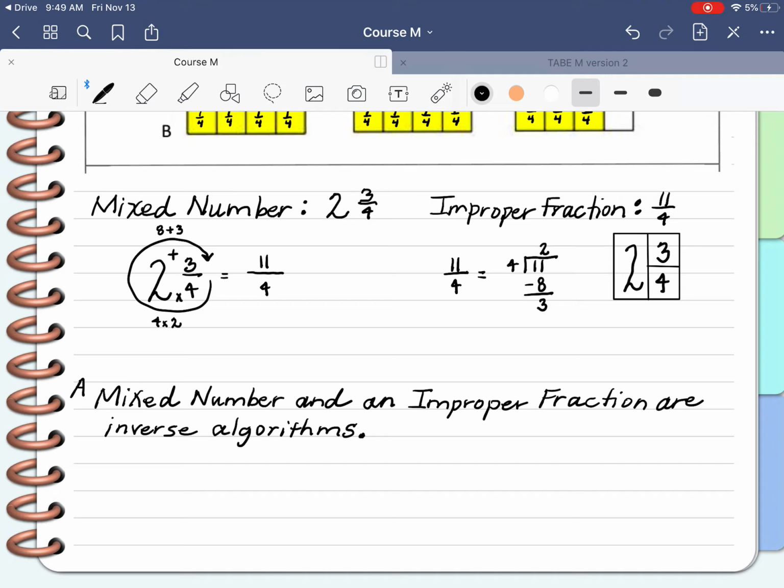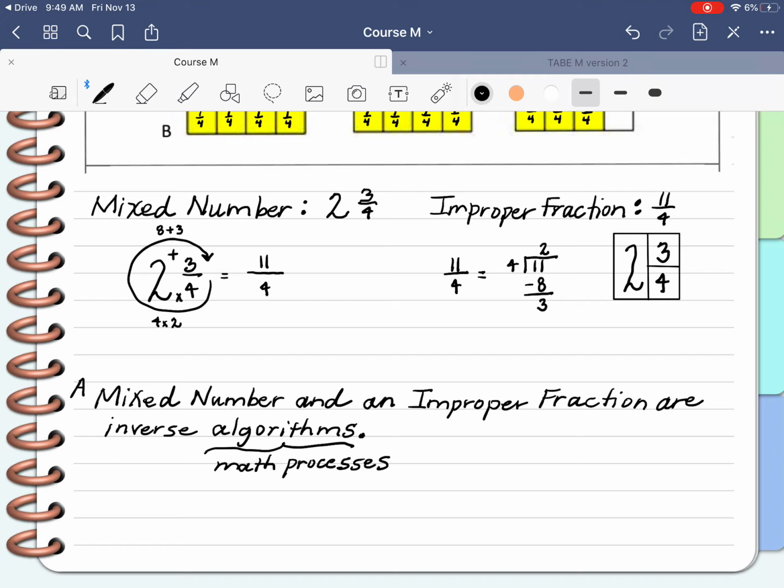A mixed number and an improper fraction are inverse algorithms. An algorithm doesn't have to be math, but these are math processes. So what I'm saying here is what you build up with one, you can break down with the other process.